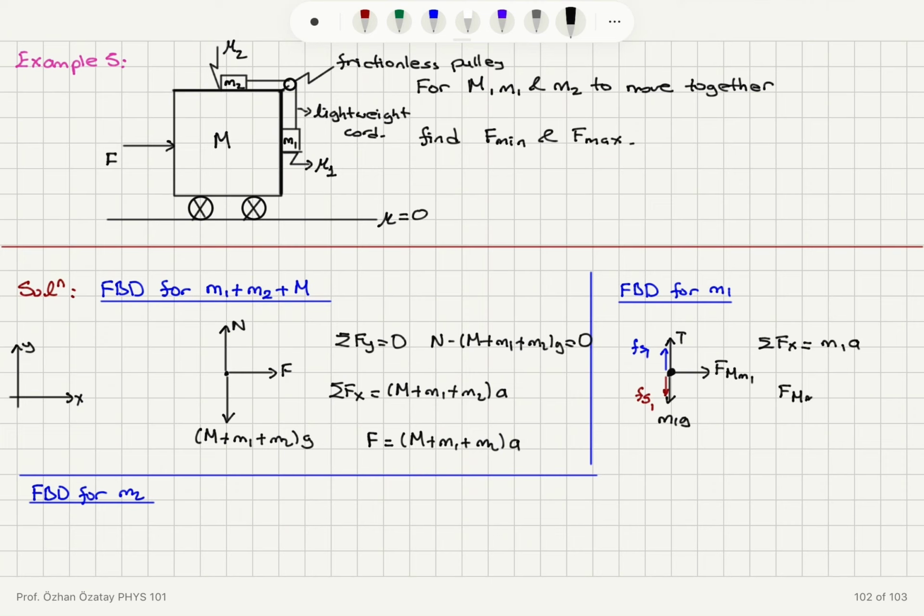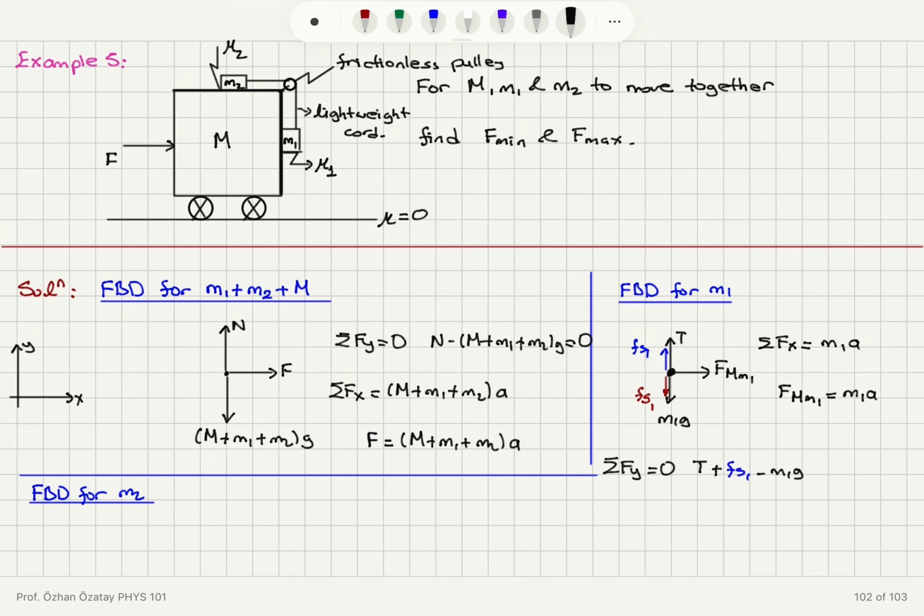Now, the net force on the x-axis must be equal to M1 times the common acceleration A. So the force exerted by capital M on M1 is equal to M1 times A. The net force on the y-axis must be equal to 0. So the tension plus, let's consider the first scenario here, Fs1 pointing up minus M1G is equal to 0.